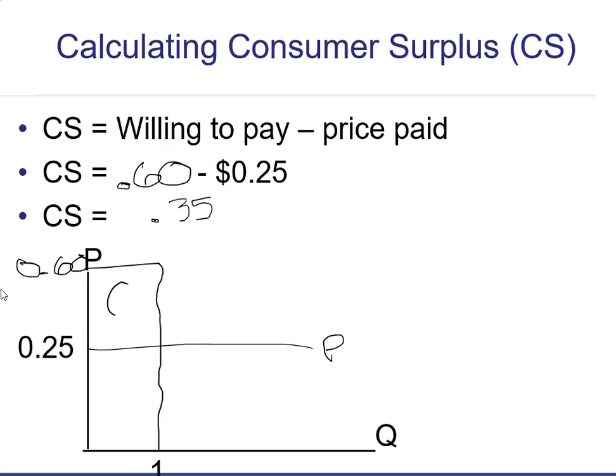And so this area between 60 cents and a quarter is a consumer surplus of 35 cents. And that's the demand for that student for the first pack of crackers. Now, if I were to ask them what they want to pay for the second pack, it'd probably be less than 60 cents. So that's my example that I do in class.